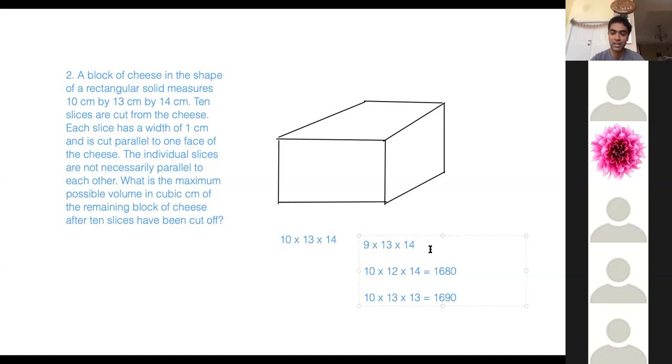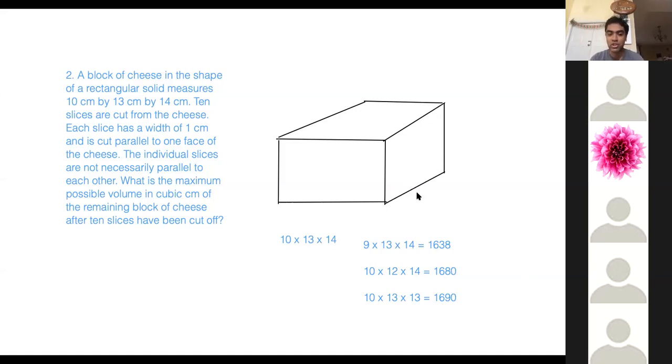Good. 9 times 13 times 14? 1638. Okay. Which is the largest remaining volume? 10 times 13 times 13. Okay, good. Now let's think about it another way.